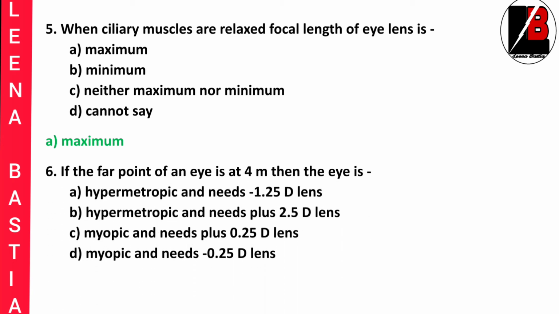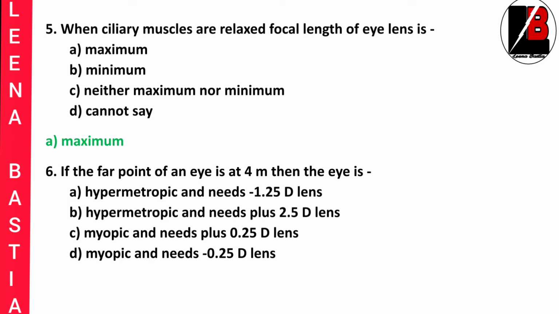Next one, question number 6. If the far point of an eye is at 4 meter, then the eye is, the options are A, hypermetropic and needs minus 1.25 diopter lens, B, hypermetropic and needs plus 2.5 diopter lens, C, myopic and needs plus 0.25 diopter lens, D, myopic and needs minus 0.25 diopter lens.